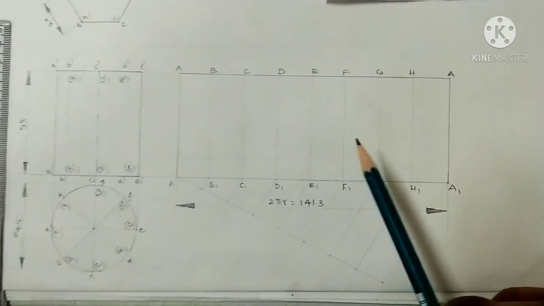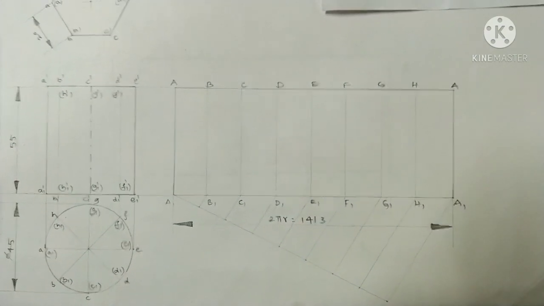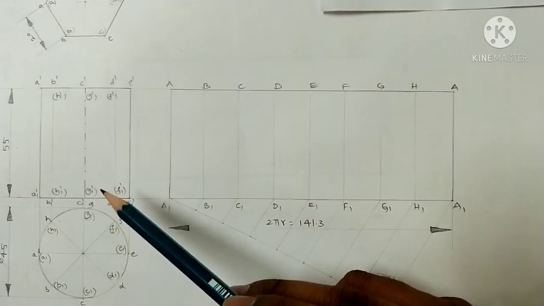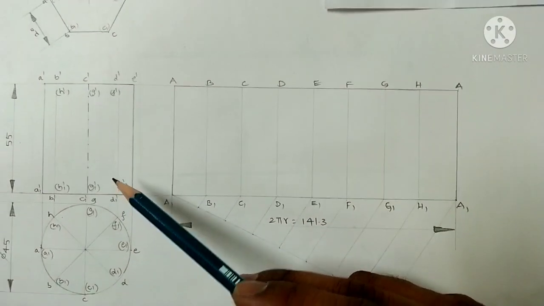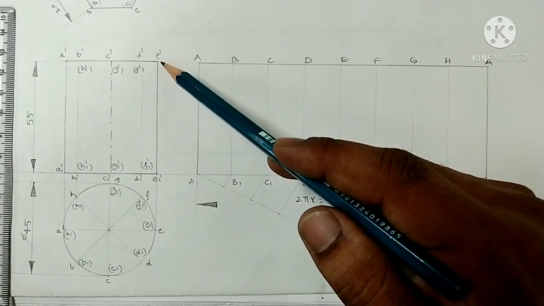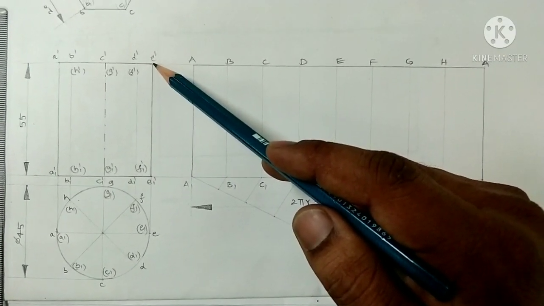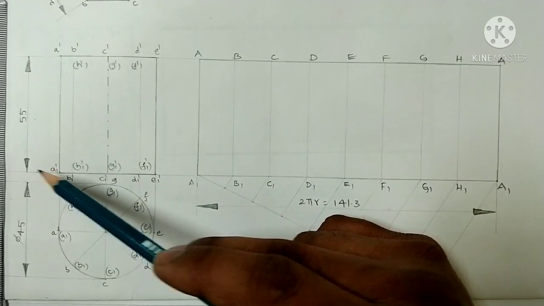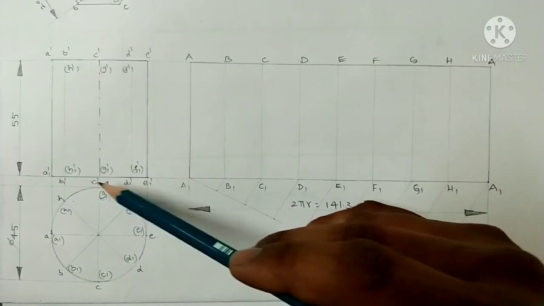This is the simple development of the simple cylinder, and next we can cut this object according to the given conditions. The sectional plane is passing through the top right corner and is making 45 degrees inclination with the horizontal plane, that means the reference line.